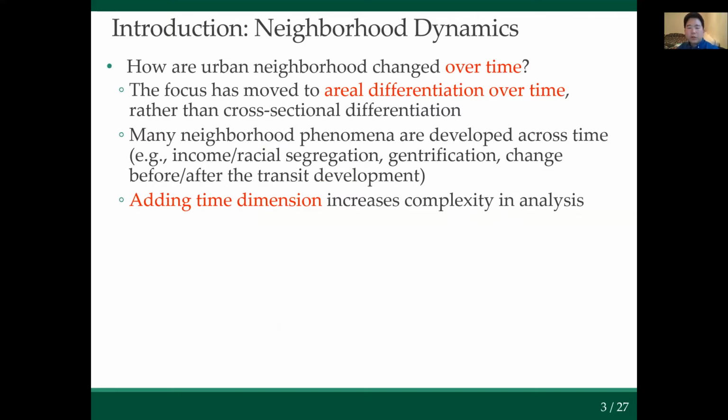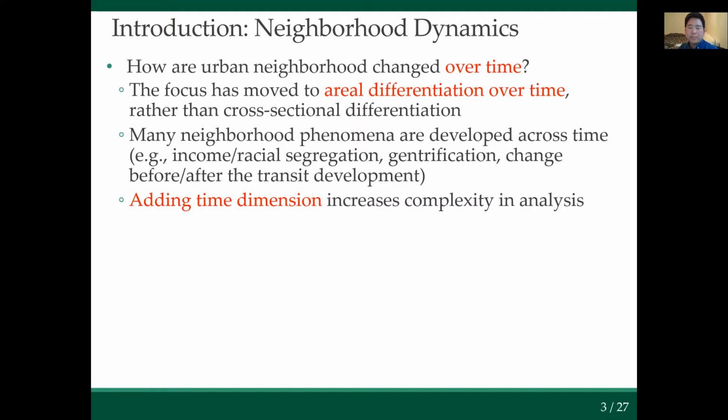Actually, the focus of geographers has moved from the cross-sectional to the temporal dimension, that is, longitudinal neighborhood change. They started to question how neighborhoods change over time and what the underlying longitudinal trend is. When we look back at our reality and see neighborhood differentiation, we realize that such segregation structure evolves over time, not emerging all at once.